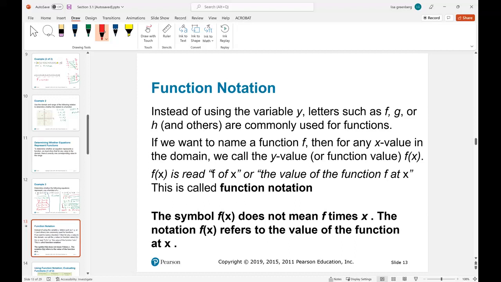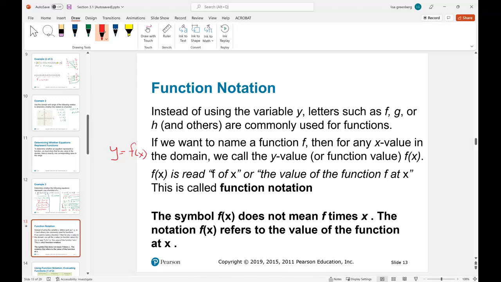F, G, and H are most common, but you can use other letters. If we want to name a function F, then for any X value in the domain, we call the Y value F of X. So basically what this says is Y is the same as F of X. Okay? That's what this second paragraph means.